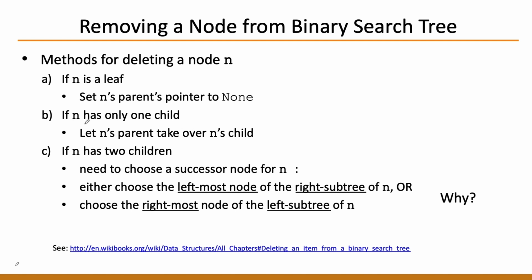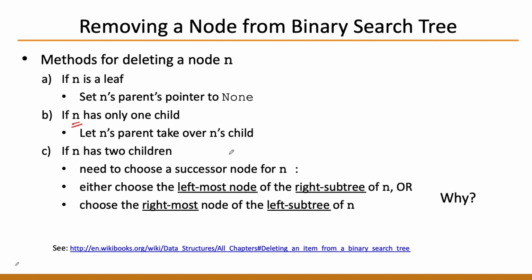For case B, this is the case where you have only one child. To maintain the order, this is the solution. For that particular node n that you try to delete, you identify the parent, you identify the child, and you connect your parent to your child. Your parent, in other words, will take over your child.